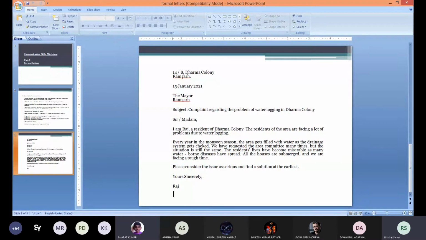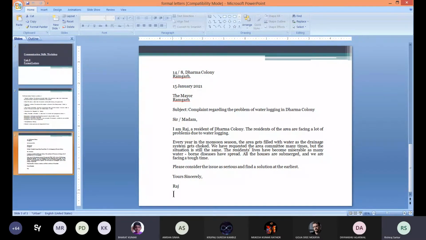Sir, like you are writing a formal letter to the director of MNIT, how should we write the address? Whose address, your address and the director sir's address? My address will be the same, and the director's should be the office address, I think.